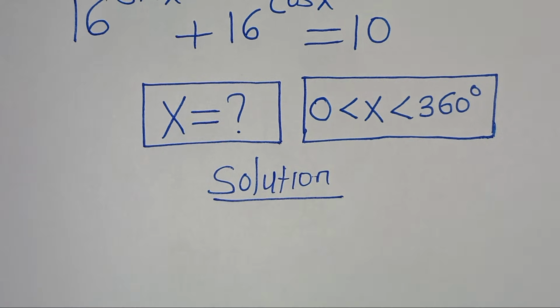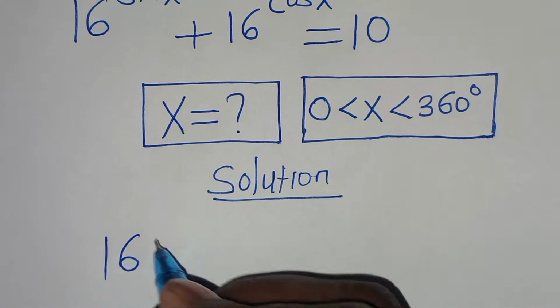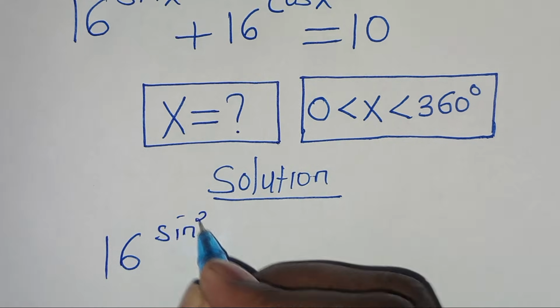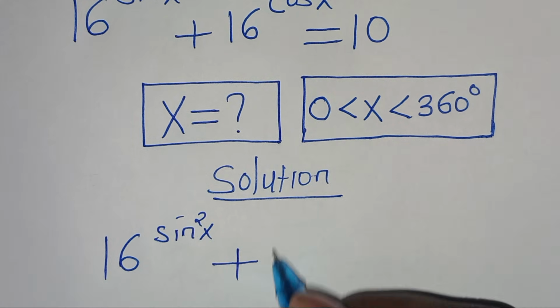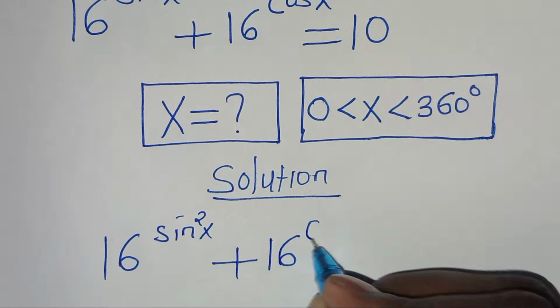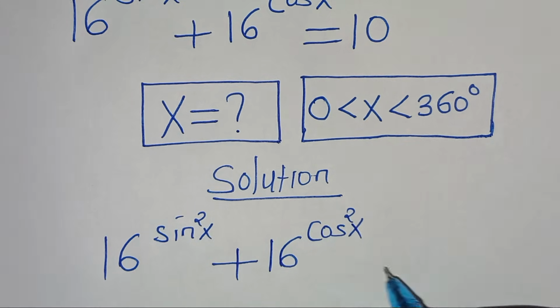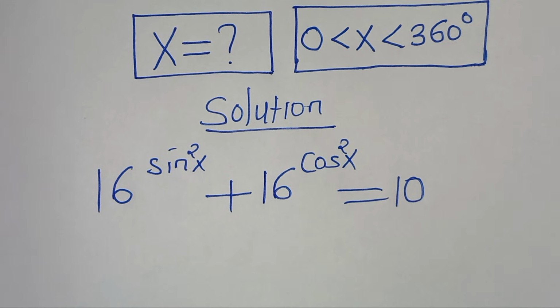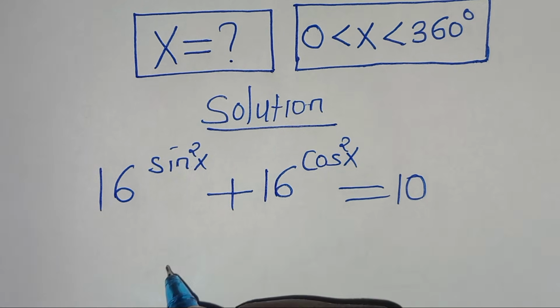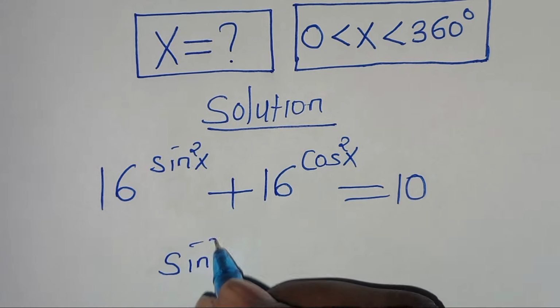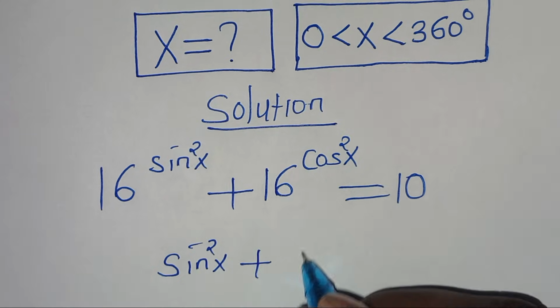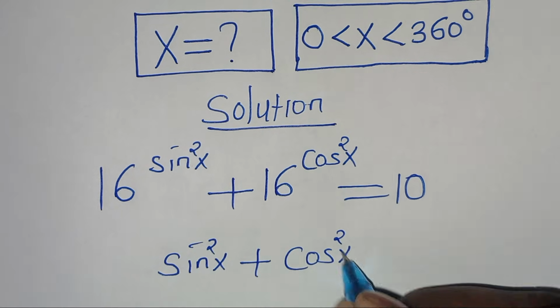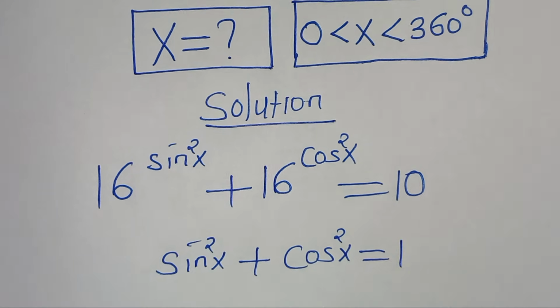Now, we have 16 raised to the power of sine squared x plus 16 raised to the power of cos squared x. This is equal to 10. From the trigonometric identity, sine squared x plus cos squared x is equal to 1.